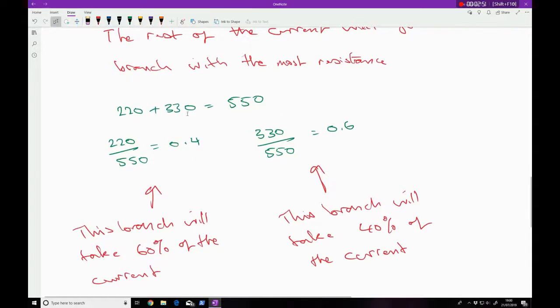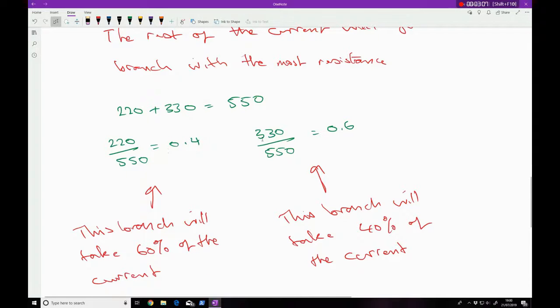And without getting too deep into the mathematics, we can just use simple ratios. But it will be a reversal. So if we understand that 220 ohms is only 40% of the total resistance, then 60% of the current will go there.